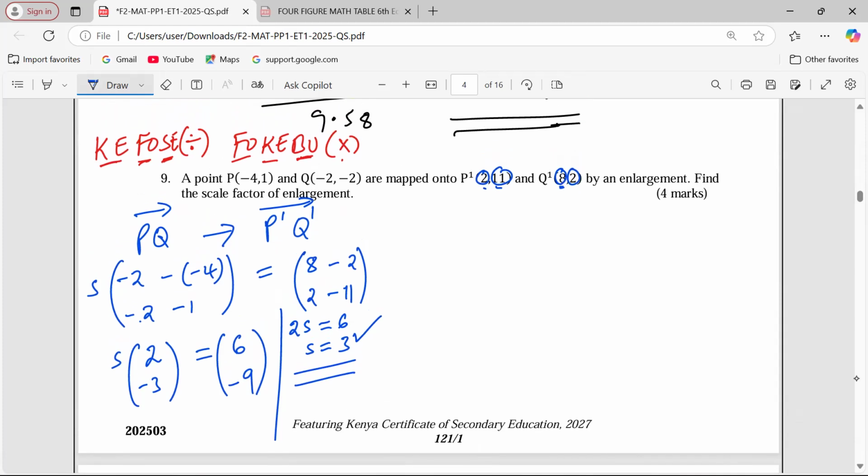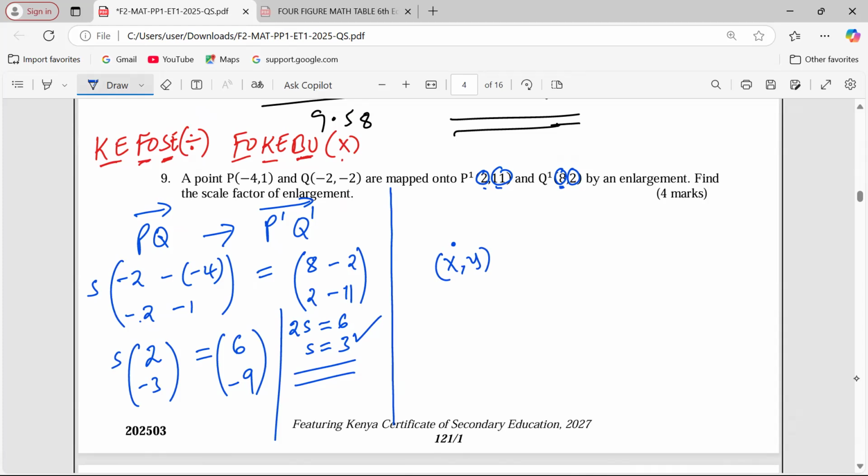I must mention this because at times the question can tell you calculate both the scale factor of the enlargement and also the center of the enlargement. So to find the center of the enlargement, you really have to be very sharp. And you need to say this, that we are having a coordinate here, which is the center.